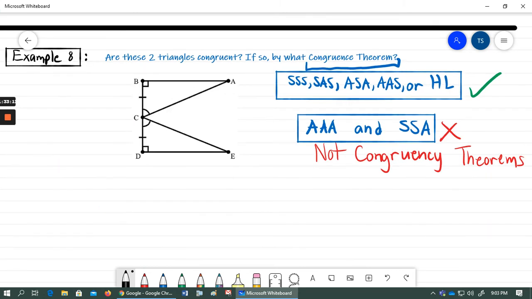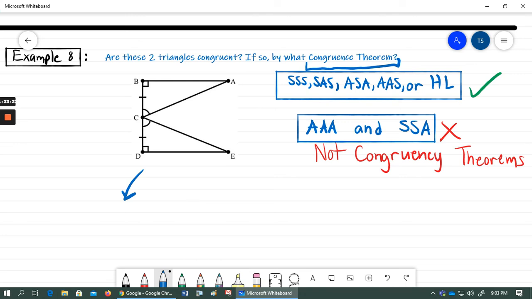Coming up, alright, so here we go with example 8. They say, are these two triangles congruent? If so, by what congruence theorem?